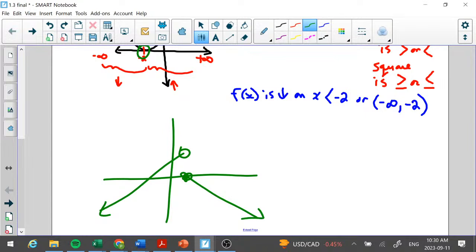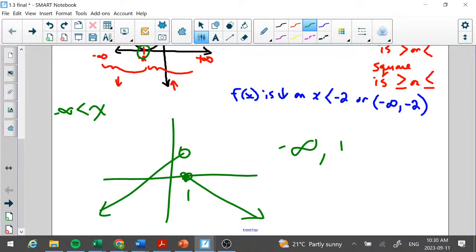So, in this interval, the first interval is from negative infinity to, let's call that 1, okay? You're going to say it's increasing from negative infinity. Am I going to include negative infinity in my interval? Would I say x is greater than or x is greater than or equal to negative infinity? Which one?